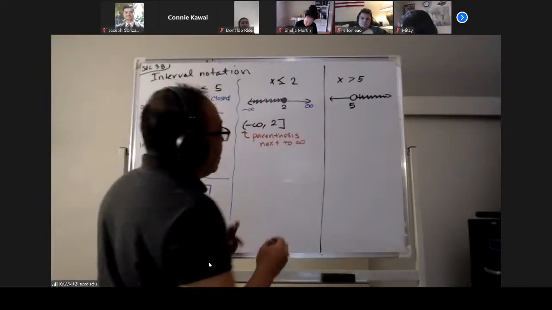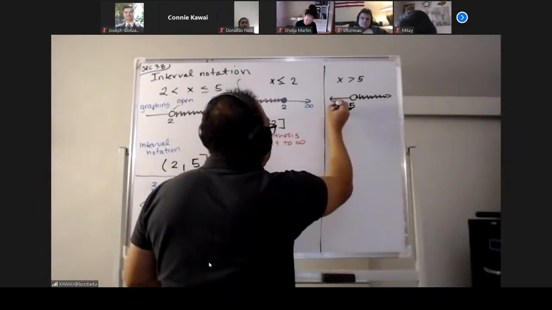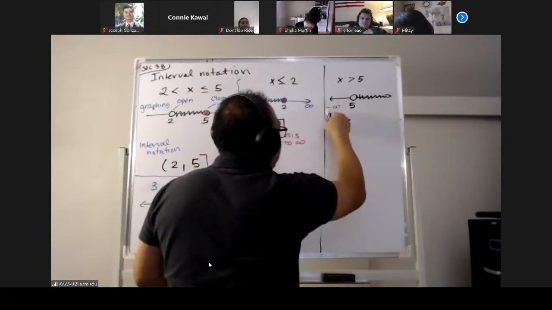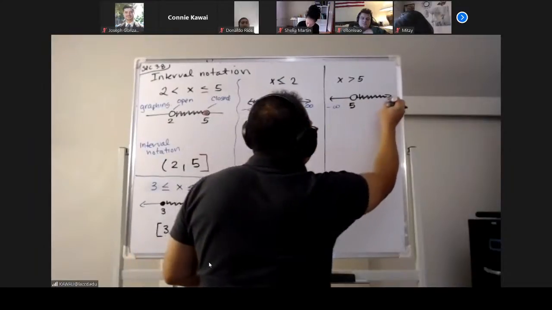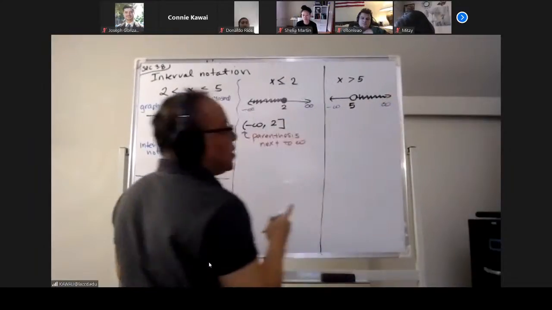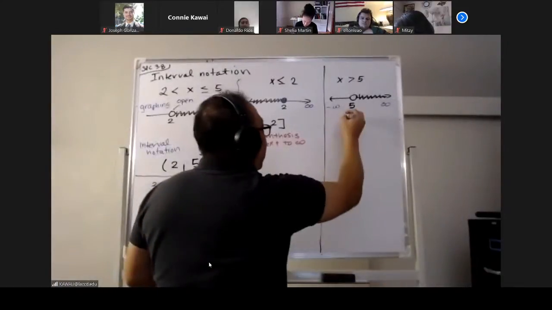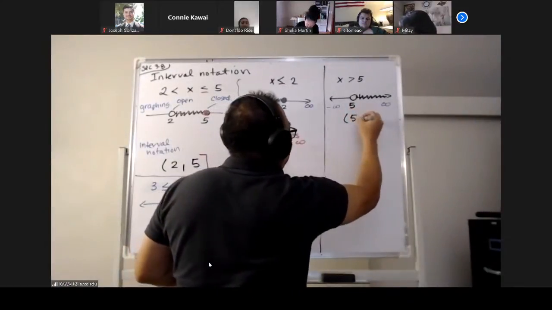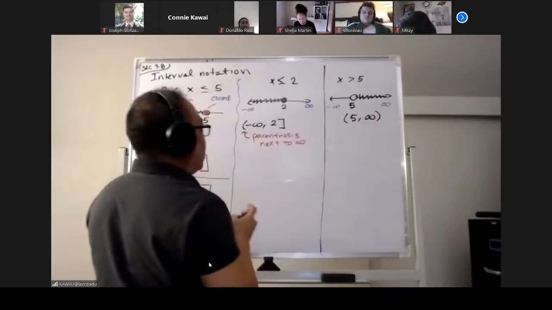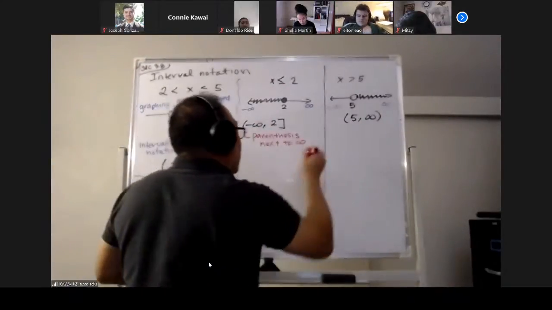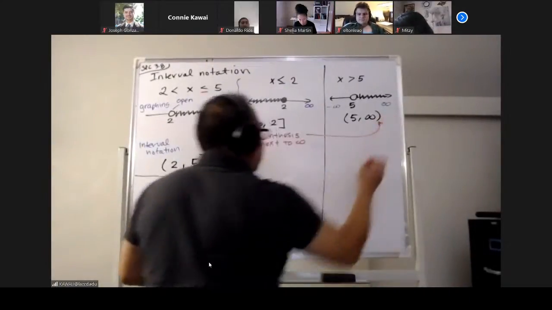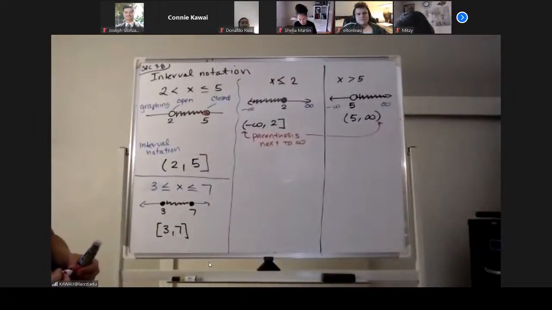Okay. Now, let's remember that even though it's not written there, the smallest number we can think of is negative infinity. The biggest number is infinity. So now we have 5 comma infinity. Because the parenthesis is always next to infinity.